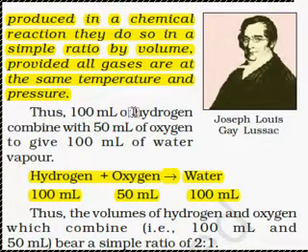Thus, 100 ml of hydrogen combines with 50 ml of oxygen to give you 100 ml of water vapor. Thus, the volumes of hydrogen and oxygen which combine, that is 100 ml and 50 ml, bear a simple ratio. So that is the law.